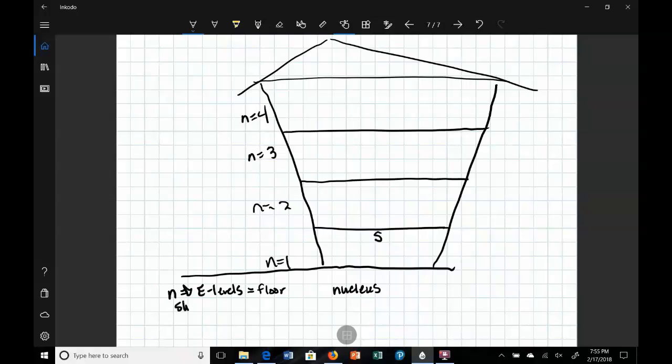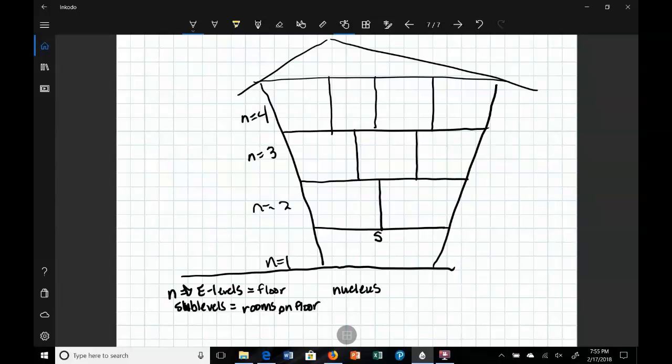So we have sublevels, and those are going to be the rooms on the floor. Now, these floors are special because each floor has the same number of rooms as the number of the floor. So on the first floor, we've got one room. Second floor, we've got two. We'll describe the rooms as we go.